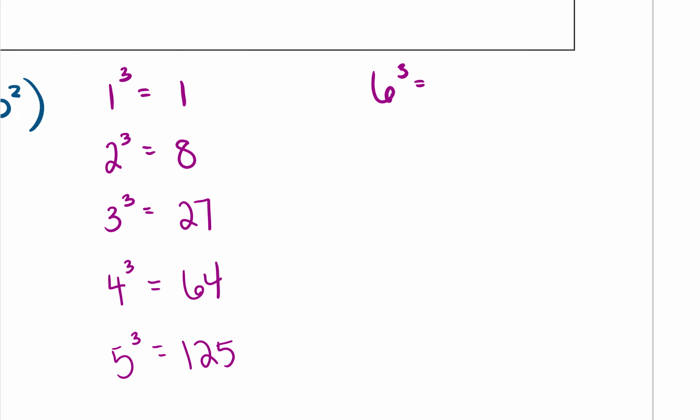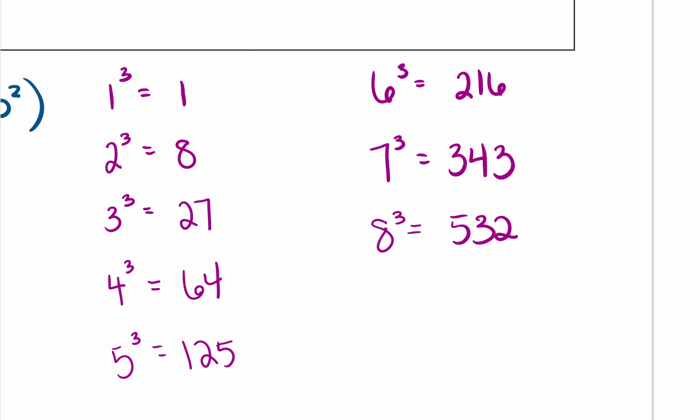6 cubed, 6, 36, 216. 7 cubed is 7, 49, 343. 8 cubed is 8, 64, 512. 9 cubed is 9, 81, 729.